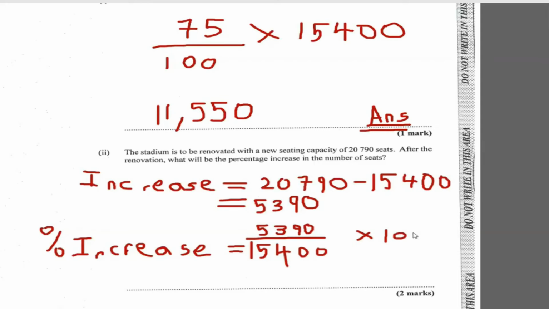So you just work that out in your calculator. 5390 divided by 15,400, and I multiply that by 100, and I'm getting a 35% increase.